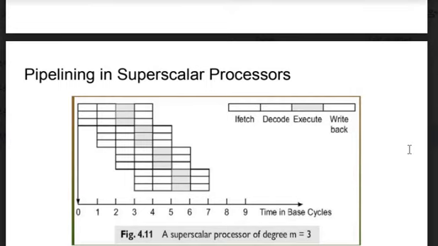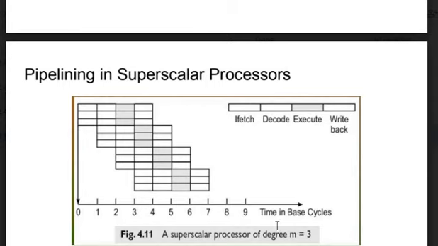You have studied in your CO about the instruction pipeline: fetch, decode, execute, write back. These are the 4 minimum phases in executing any instruction. Fetch means take the data, decode means give it another meaning without altering its effect, execute means perform the operation, and write back means store the result in the destination area.